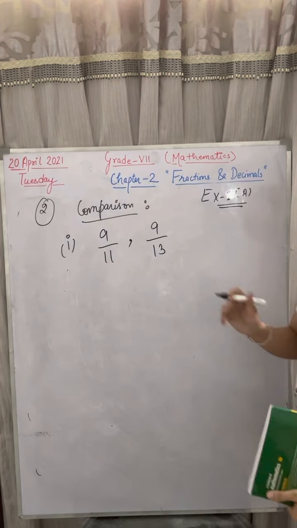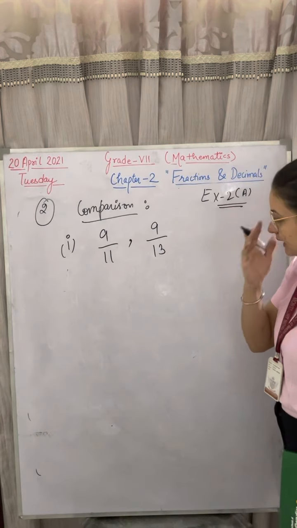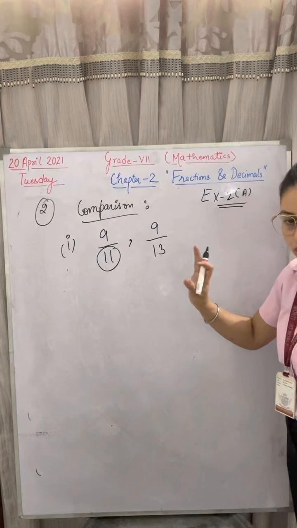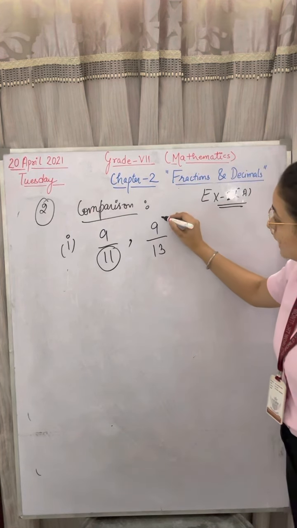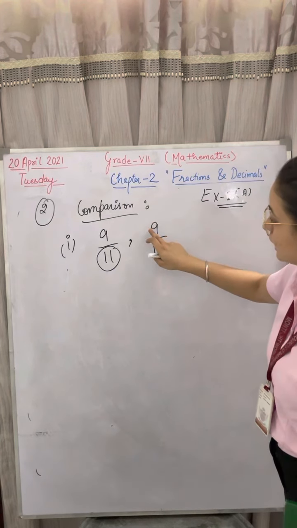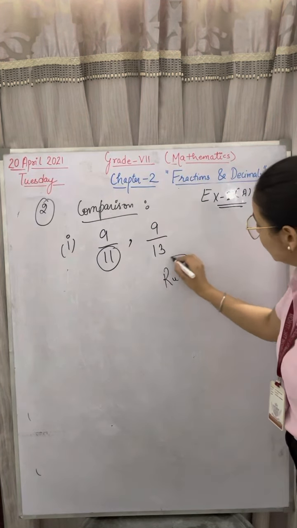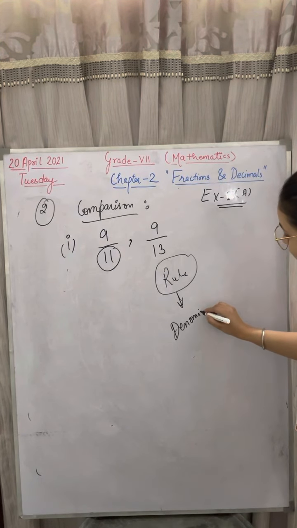Yes, very good. Some students are giving me the correct answer, but some are saying we'll do cross multiplication. No, there is no requirement of that. We can't just check numerators. There's a rule of comparison that denominators should be same.